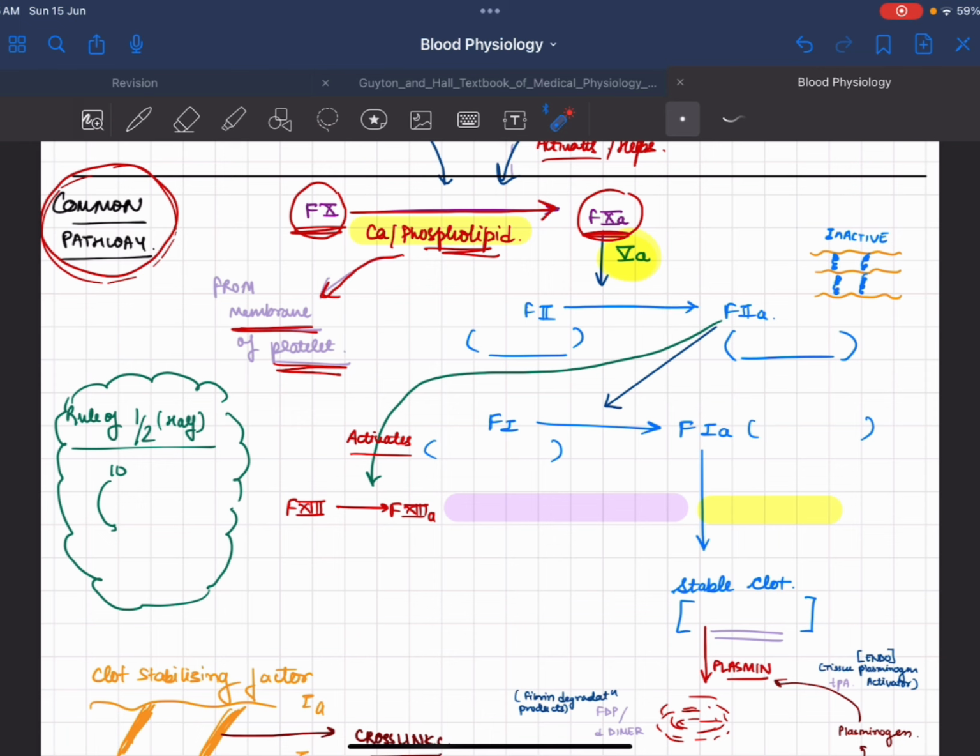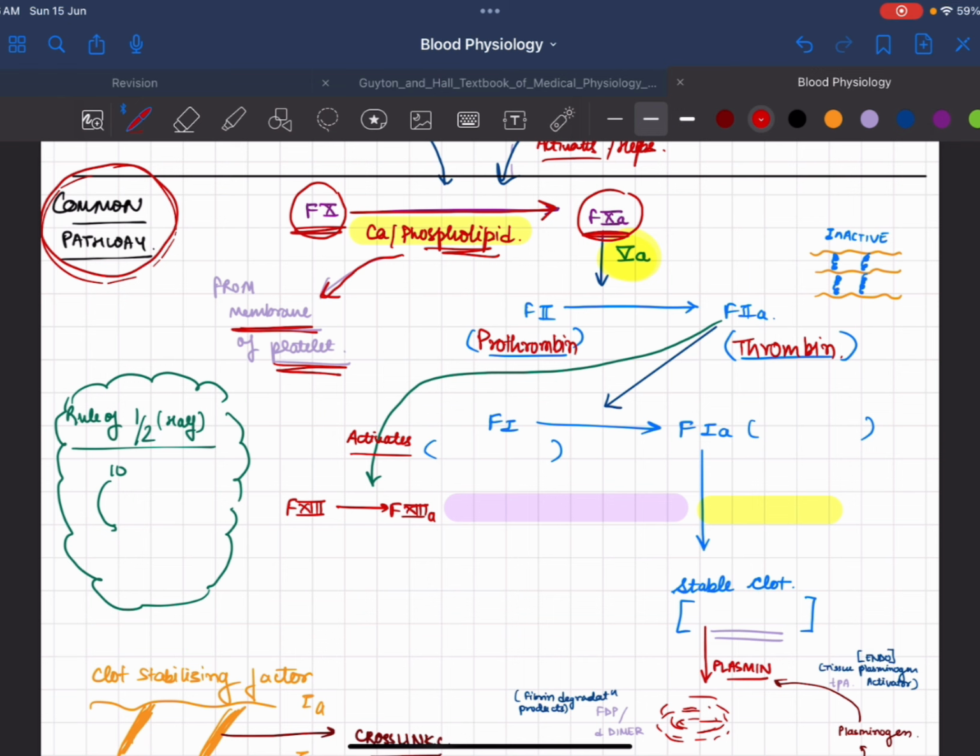Now this 2A, what does it do? First of all, what is factor 2? Factor 2 is prothrombin, which is converted to 2A, which is thrombin, the active form. Then factor 2A converts 1 into 1A.